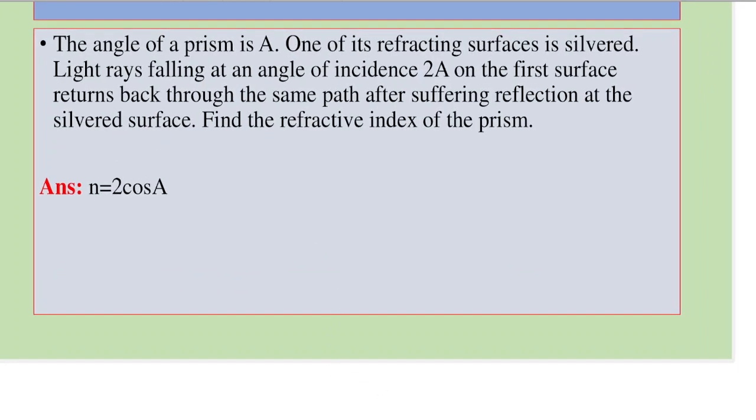So let's try to draw this diagram. Let's call this point P, point Q, this point R. It is given that one face is silvered.